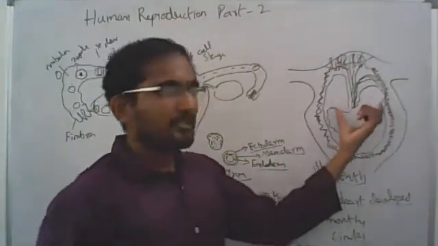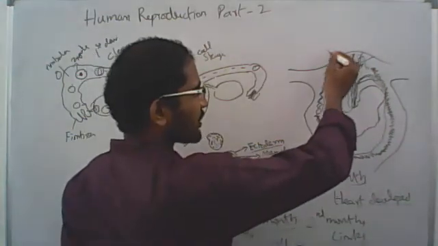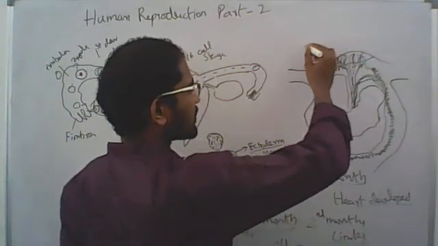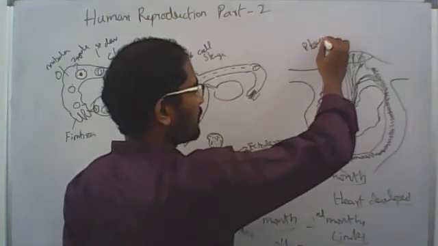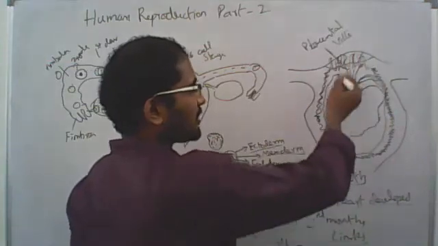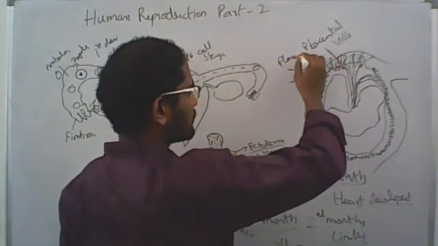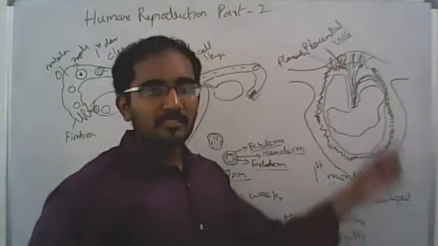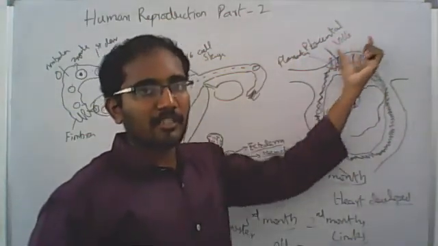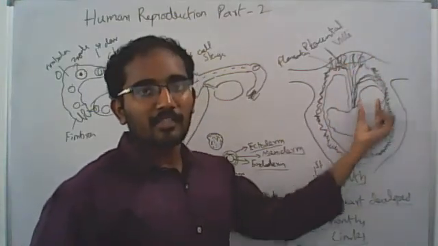Inside, only the embryo will be developed. You can see the hand structures. This is the placental villi. So through the placental villi, the placenta region gets all the necessary nutrients from the mother's body to carry them to the fetus.